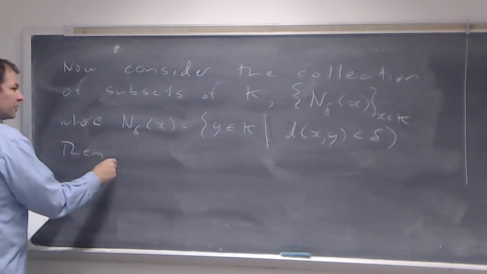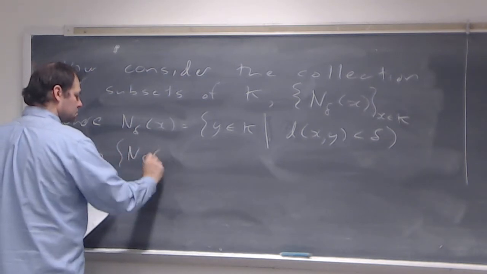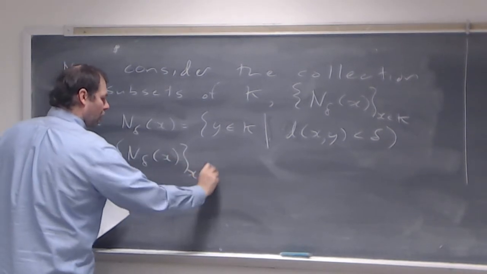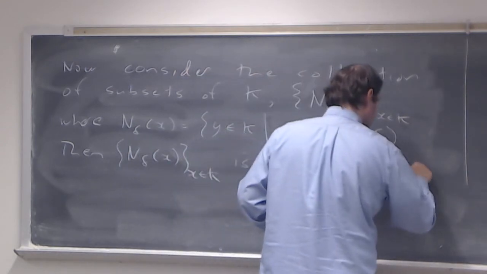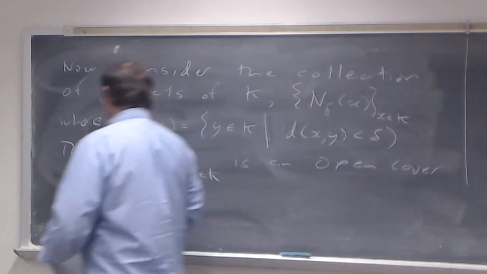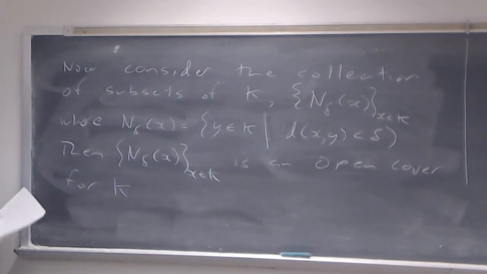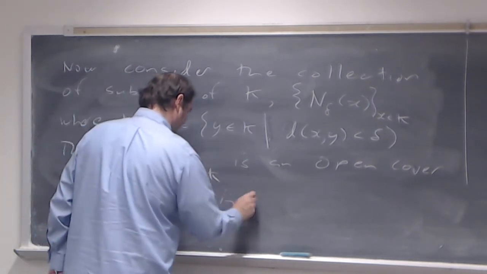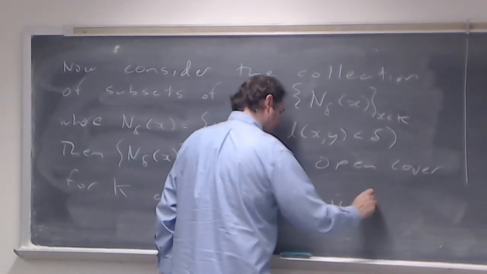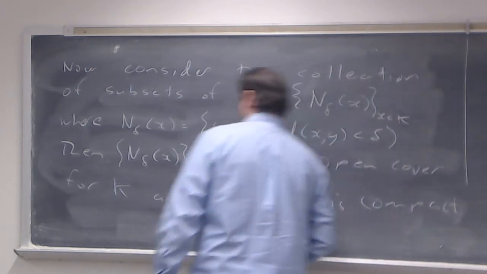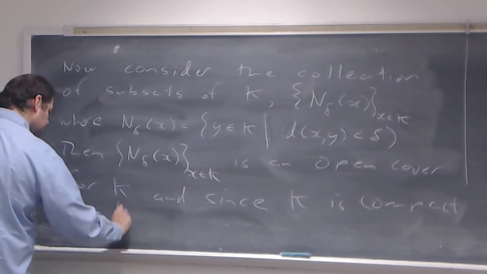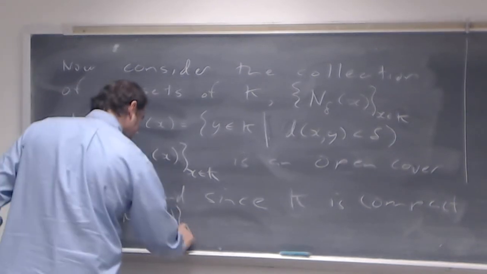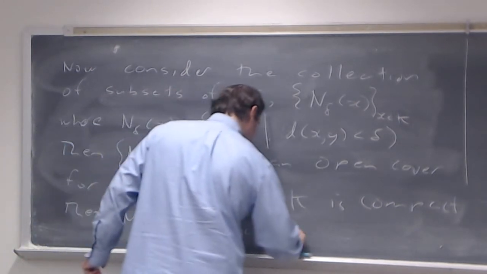Then when you look at these neighborhoods, this collection over all x's in K is an open cover for K, and since K is compact, by definition of compactness, it has a finite subcover.